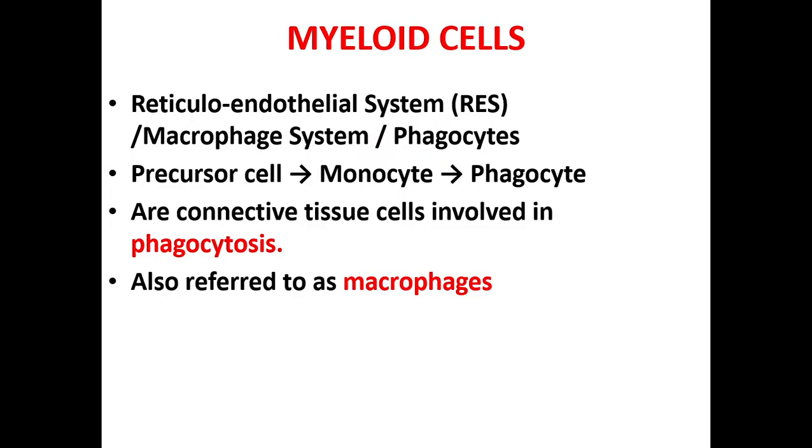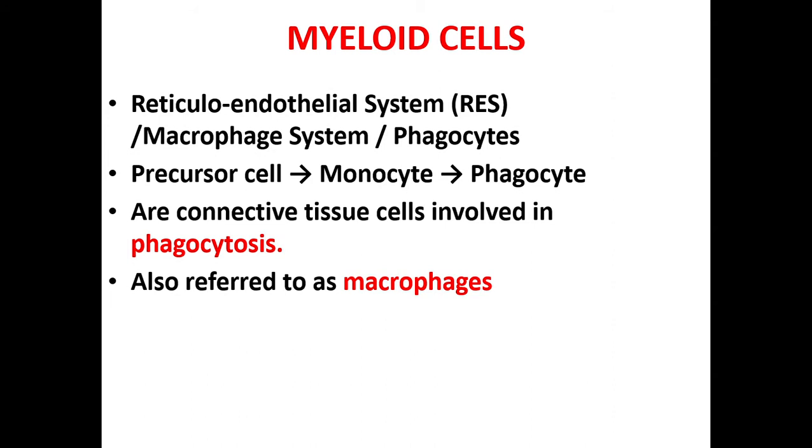The myeloid cells are composed of the reticuloendothelial system or the RES, under which we have the macrophage systems or the phagocytes.